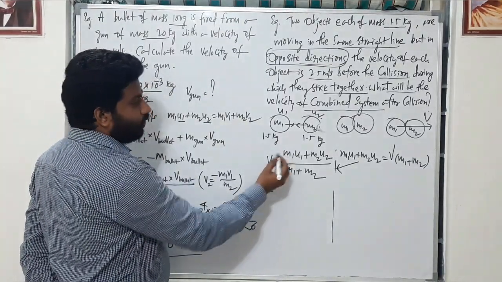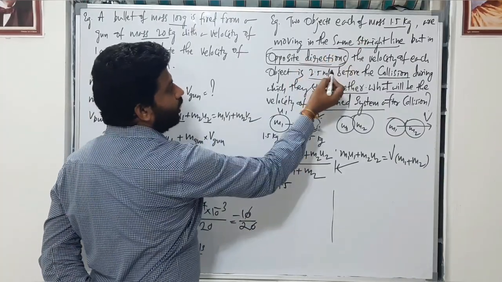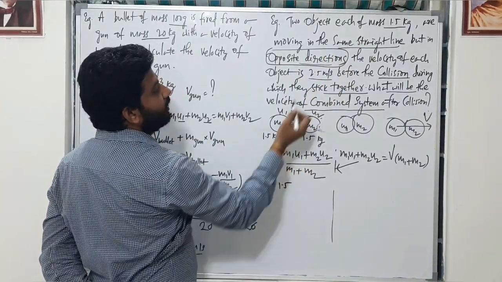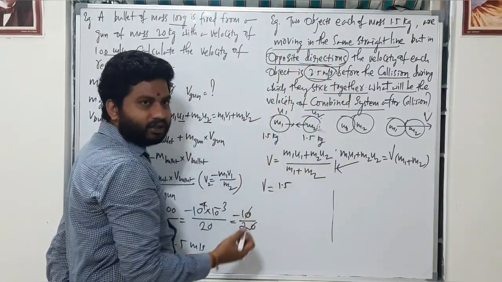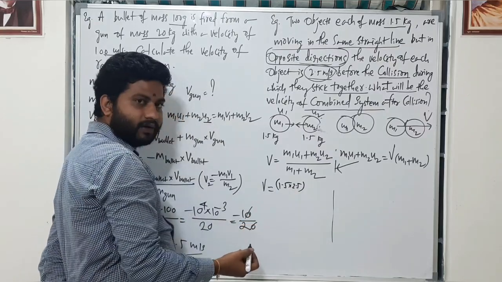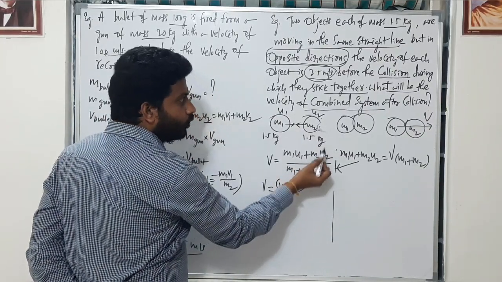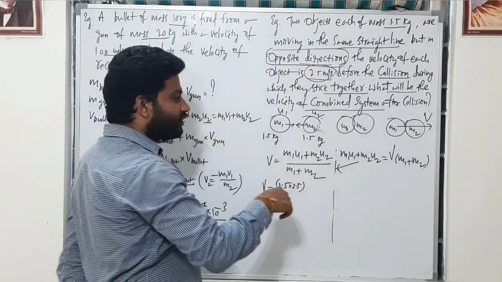Common velocity is equal to M1, what is M1? 1.5 into U1. U1 is what? With what speed are they moving? Each velocity is 2.5 meter per second. 1.5 into 2.5. Now, M2 is 1.5, U2 is again 2.5, but it is in opposite direction.